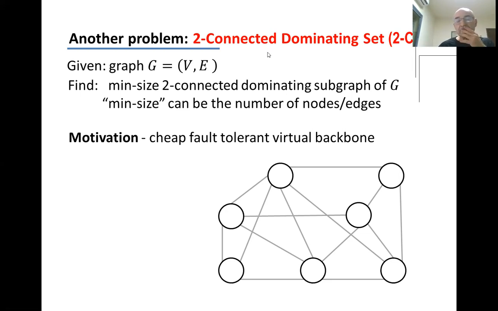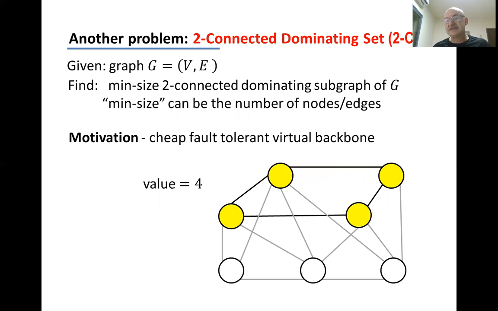So the motivation for this problem is constructing a cheap fault-tolerant virtual backbone. So let me illustrate what this problem actually wants to find. It wants to find a subgraph that is two connected, and any vertex that is not in this subgraph is dominated by some vertex in the subgraph. So for example, this is a solution, the yellow nodes here form a solution of value 4.